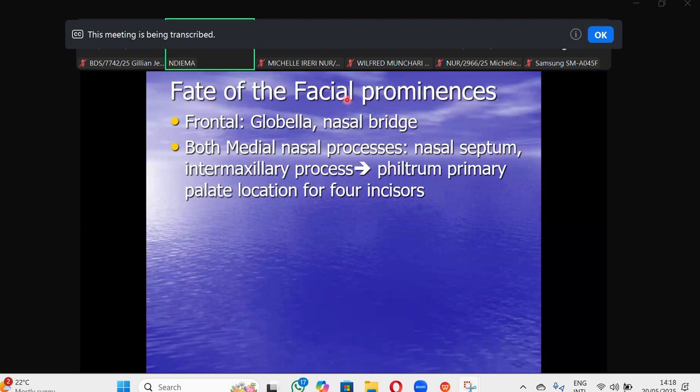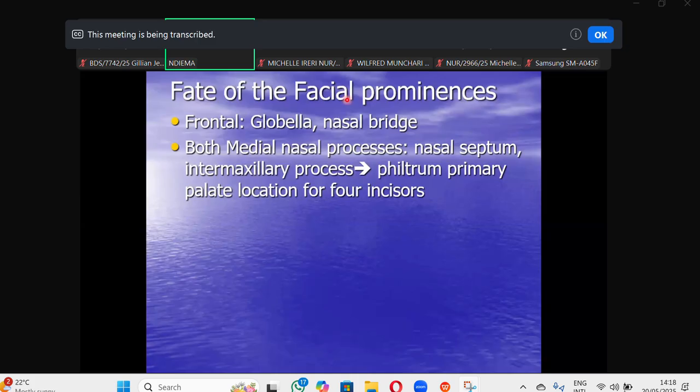The medial nasal swelling, I'm just summarizing, then we go to the details, usually will develop to form the nasal septum and develops also ventrally and expands ventrally to form the intermaxillary process. This intermaxillary process is between the maxillary prominences of the face.